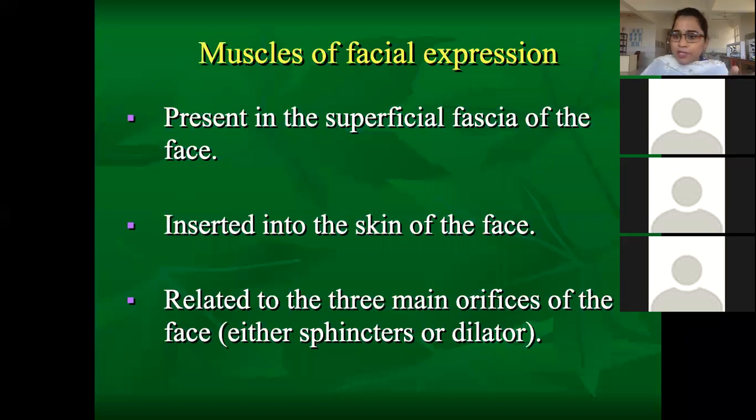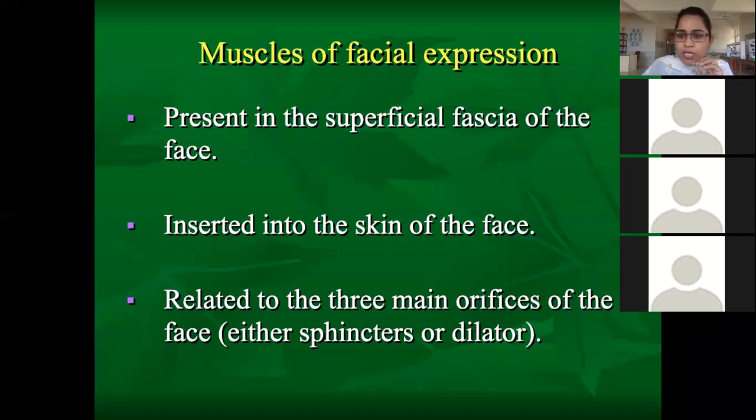Now see, what are the muscles doing? The muscles are either constricting or dilating these orifices. Let us say the oral cavity. When these muscles constrict, the mouth is closed. Dilators, they pull the oral cavity upwards and backwards. As a result, we have an opening of the mouth.